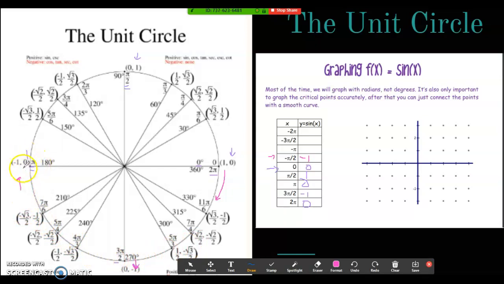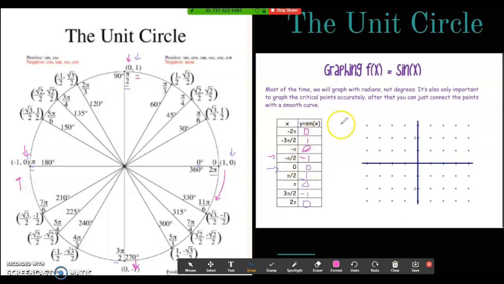So negative pi, the sine value is going to be 0. Negative 3 pi over 2, go all the way around, and we would stop here, right? So the sine value, or the y value, would be 1. And then negative 2 pi we go all the way around and end up where we started. The sine value would be 0.